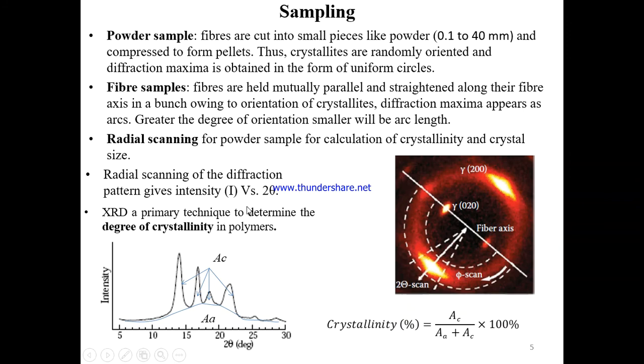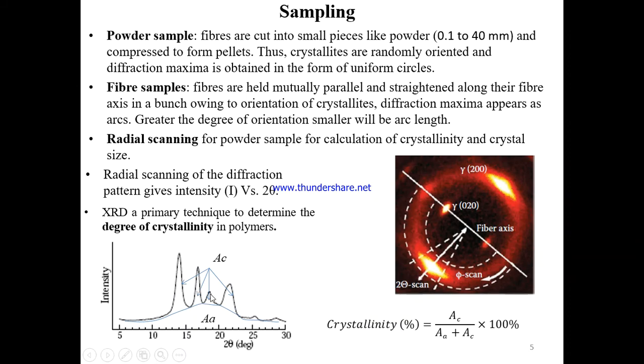In radial scanning, a graph is obtained of intensity versus 2 theta in degrees. 2 theta comes from Bragg's law. The intensity versus 2 theta curve will look like this, and this type of peaks will be obtained. As many bright circles as there are, that many peaks will be obtained.